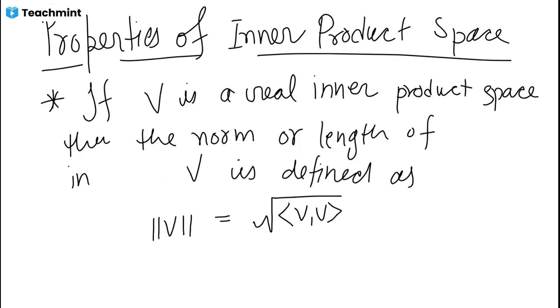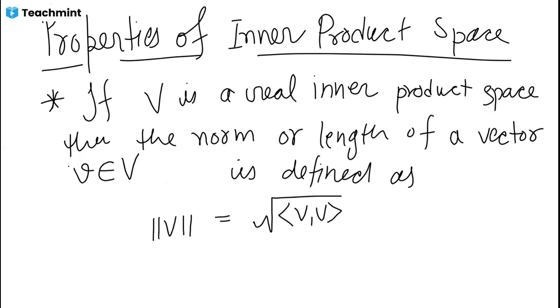The vector v, small v we are taking, belongs to the vector space. Then its norm can be defined as, means we are talking about the norm or length of a vector that belongs to V.